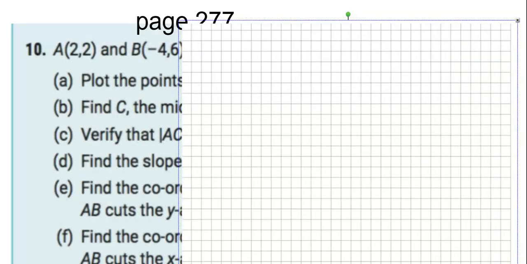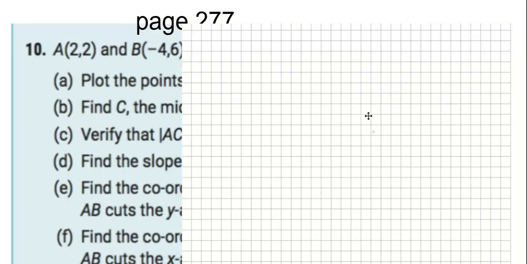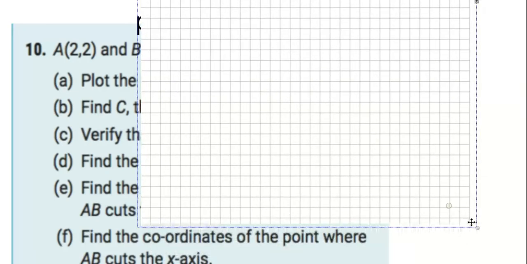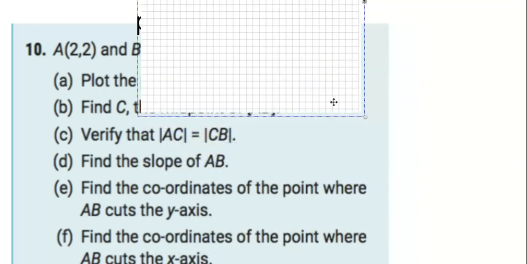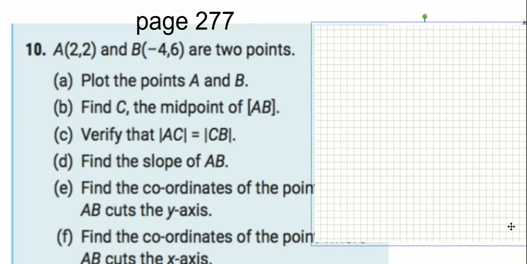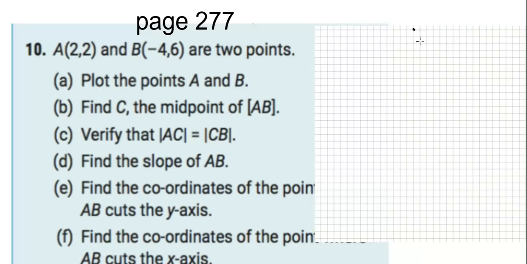So remember, you get a graph and you basically draw your 2 lines. You draw the x and the y axis, and then you plot the points on it. So essentially this. Is that okay? And then 2, 2 would be 2 across 2 up. Minus 4, 6 would be 4 to the left, and how many up? 6 blocks up.